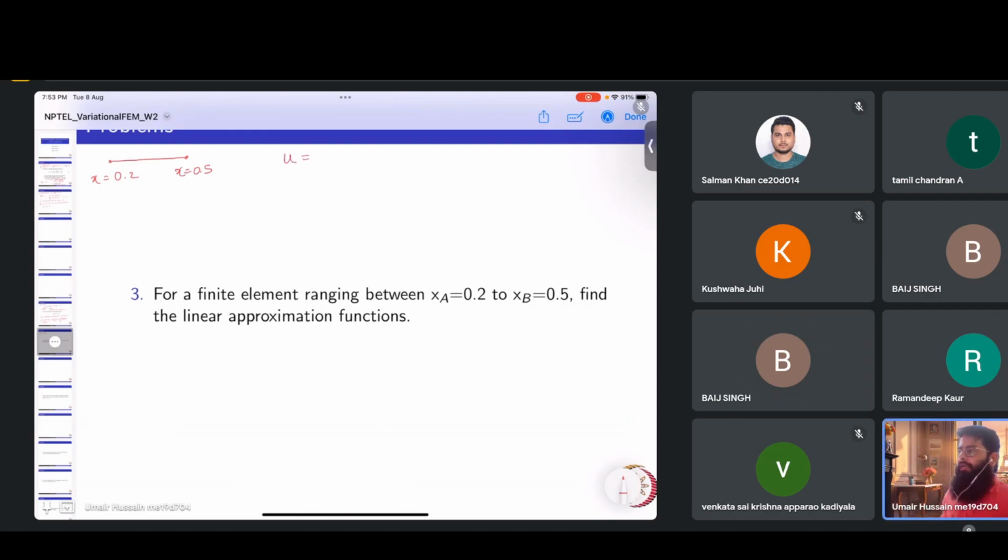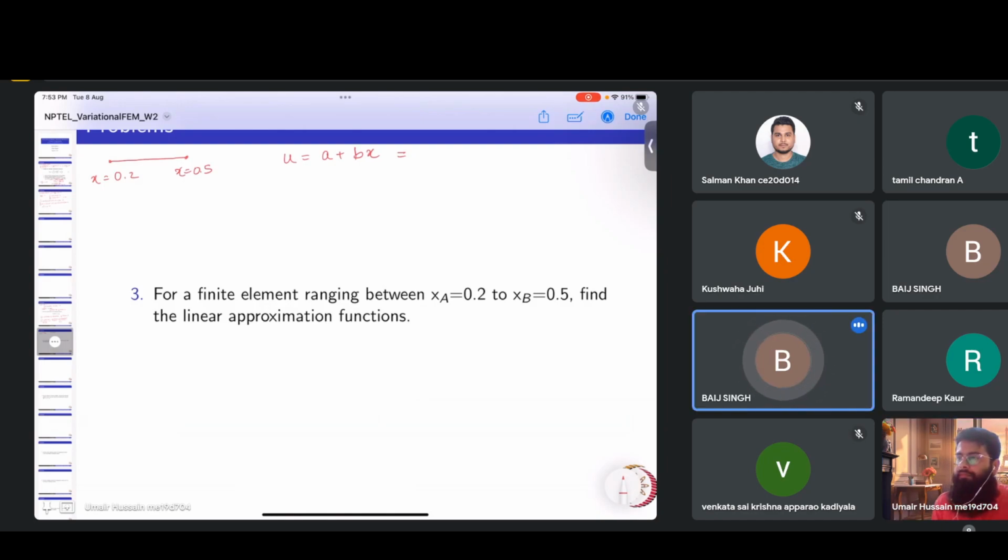So we are trying to find a linear approximation function. So how can we approximate u, the solution at this element? It is a linear function, some linear function, a plus bx. And is there any other way we can define the solution u for this element?